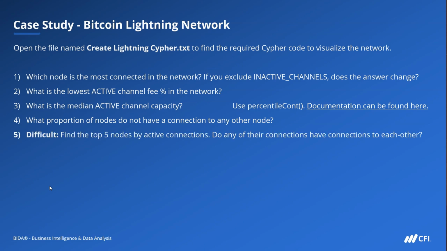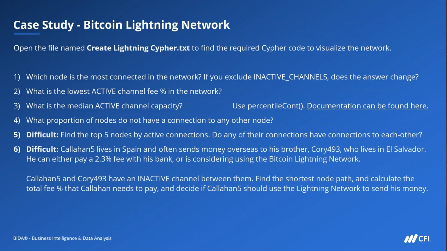Then the first of the more difficult questions. Find the top 5 nodes by active connections. Do any of their connections have connections to each other? Question 6. Callahan5 lives in Spain and often sends money overseas to his brother, Corey493. These are the user aliases. Corey lives in El Salvador.